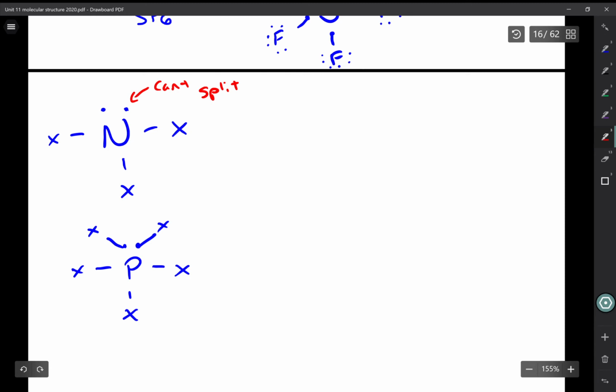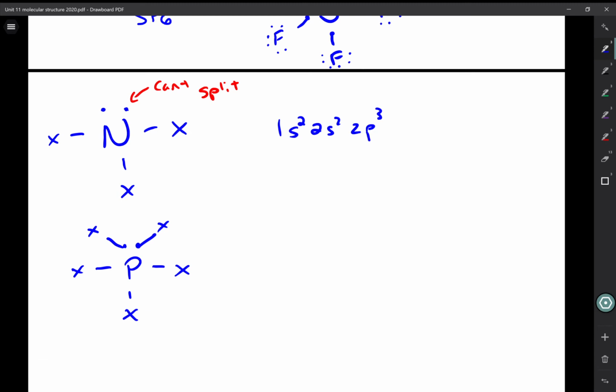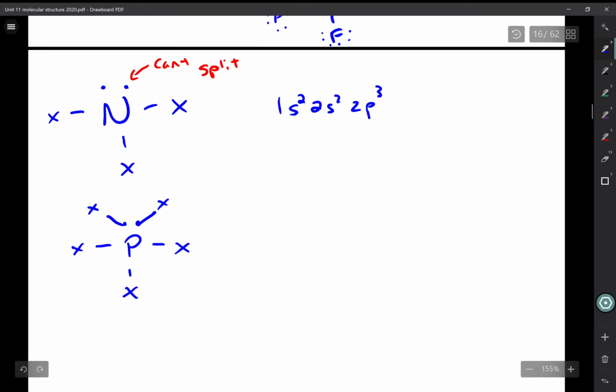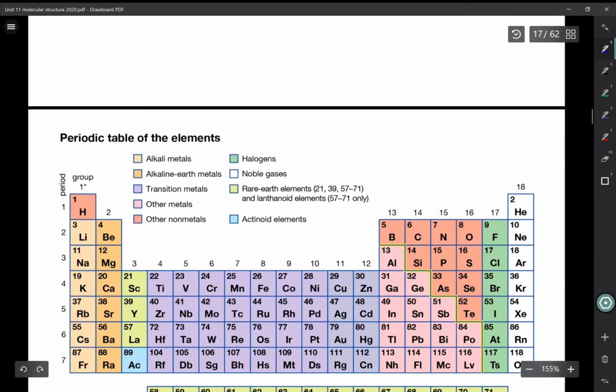Now, the reason for this: let's look at the electron configurations. Nitrogen's 1s2, 2s2, 2p3. Phosphorus, I'll show you a periodic table here, is 1 below.